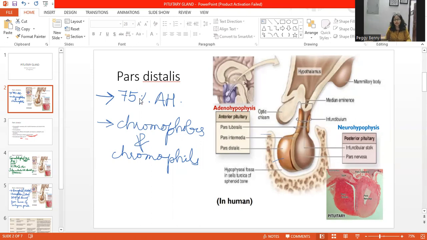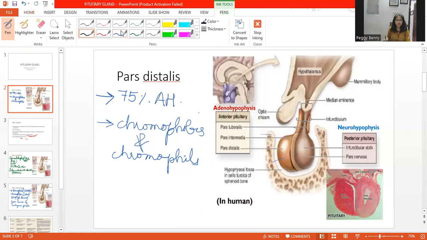That is equivalent to almost 75% of the adenohypophysis being covered by pars distalis.